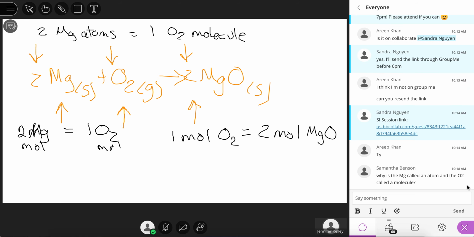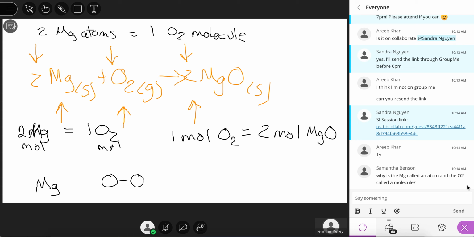This should have been a capital M there. That's a good question. That's because with Mg, there's no subscript. So we know there's just 1 of them. So then that would have to be an atom. With O2, the oxygens are stuck together. This is obviously not the right Lewis structure, but the oxygens are stuck together by a covalent bond.